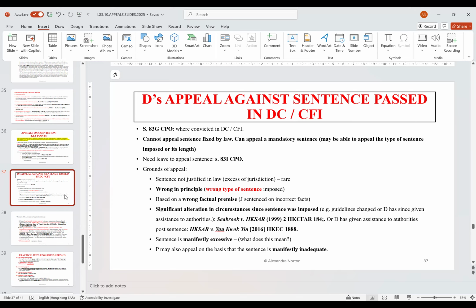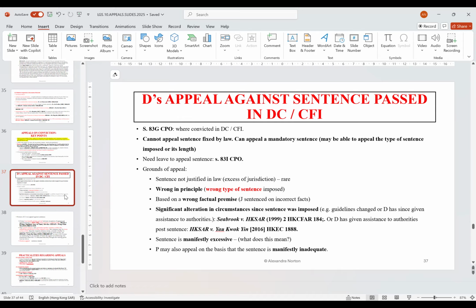That's the Seabrook case. Now, if the tariffs have been revised upwards, then no appeal against sentence would be granted just based on that ground alone. But if the tariffs have been reduced, then the defendant could appeal that reduction in his tariff.